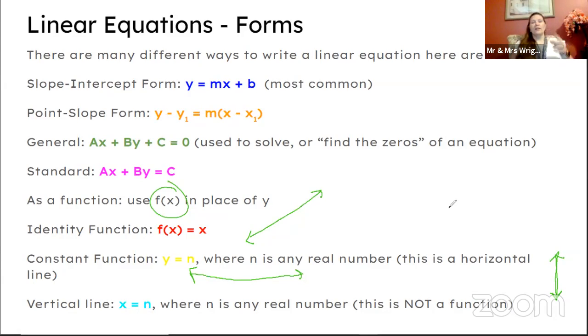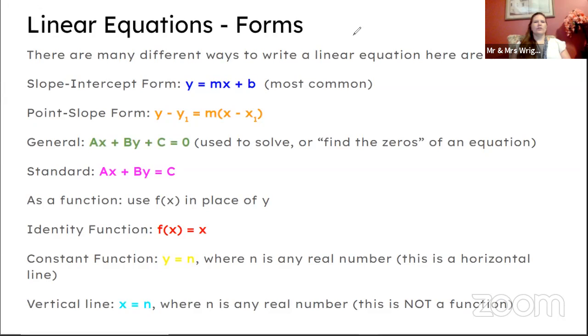If you have an input, you're going to have an unlimited number of outputs. There's an unlimited amount of y's that you get when you put in the n that creates this line. So there are different ways of writing equations, and not all of them are functions.